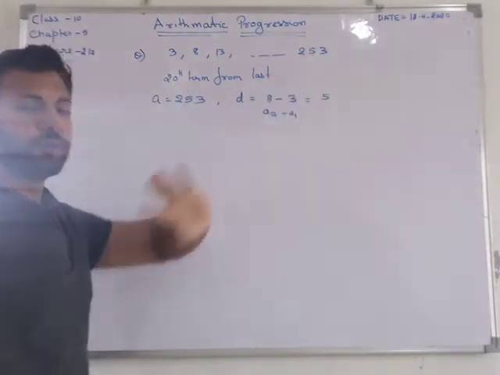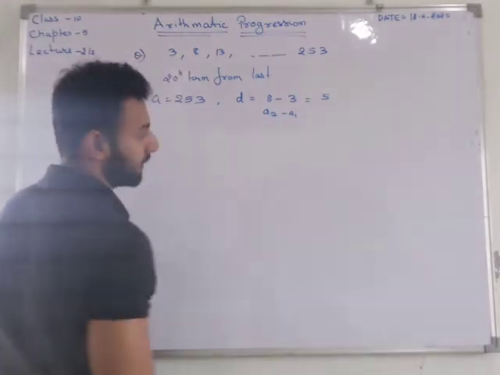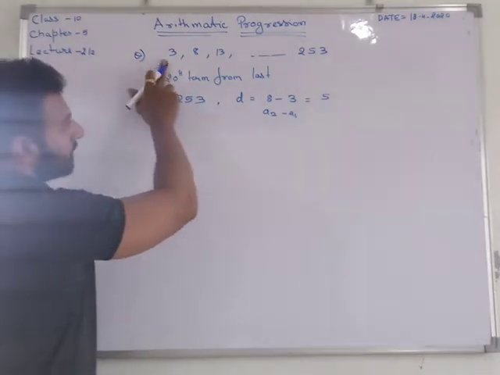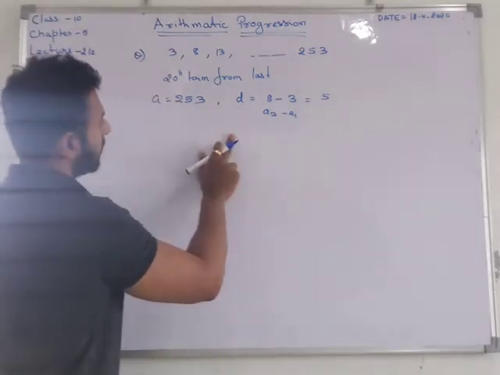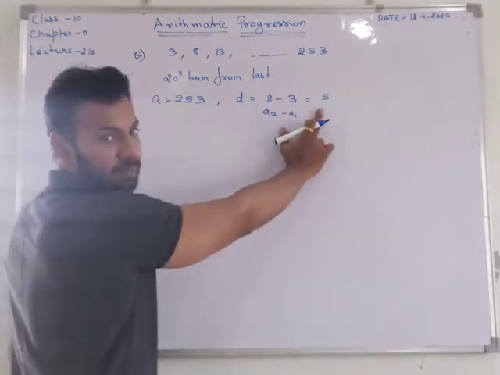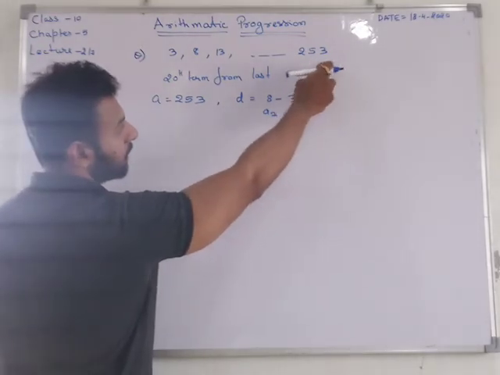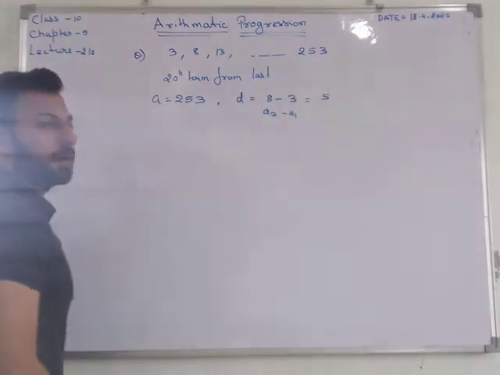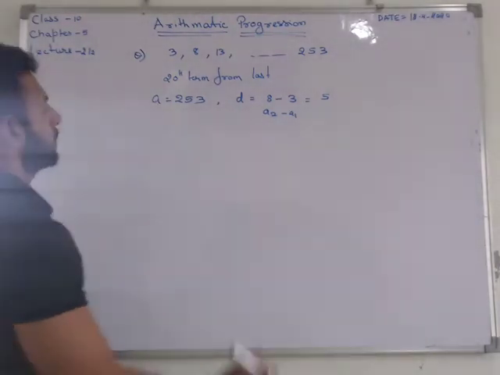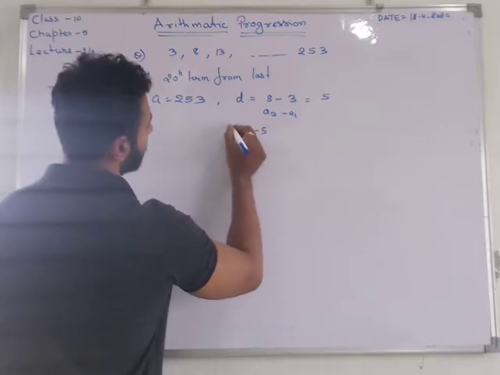So A will be 253 and D is A2 minus A1, which is 5. Now when we find out the difference from left to right, we use the positive difference, and when we find out the difference from right to left, we have to take the difference as negative. So D will be minus 5.